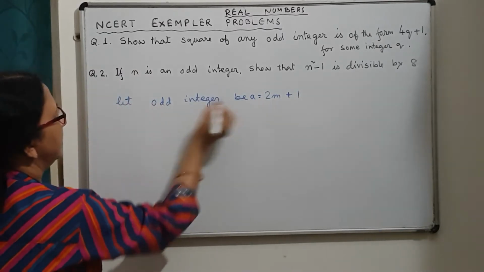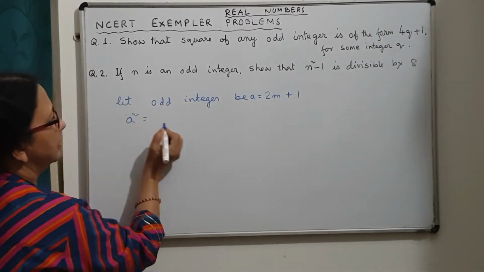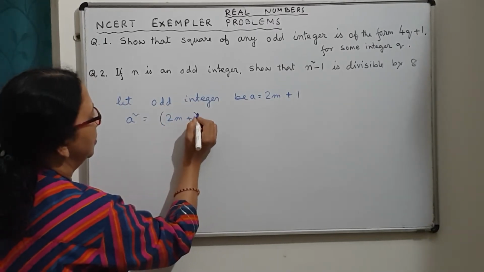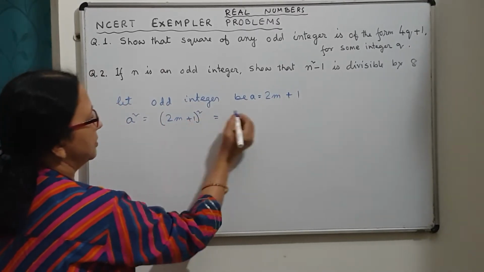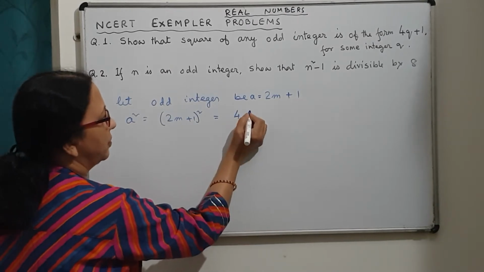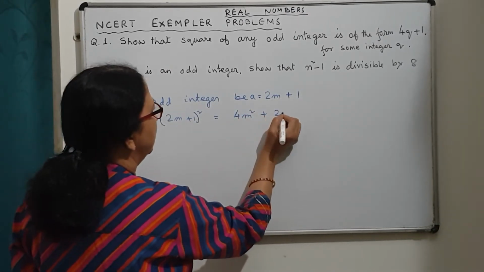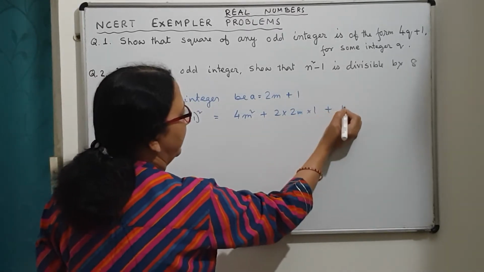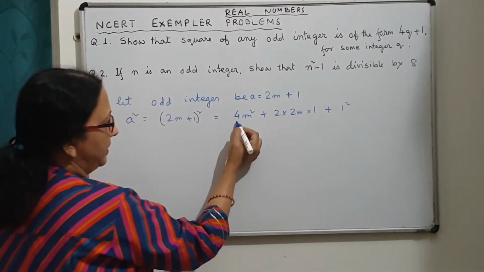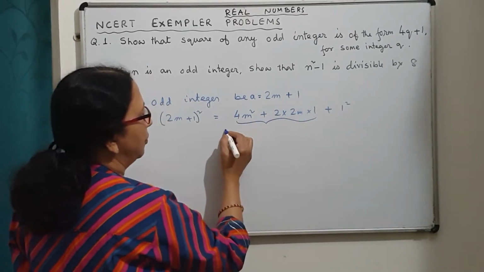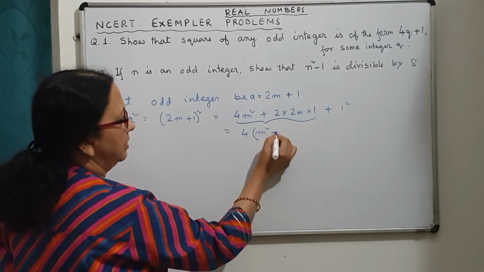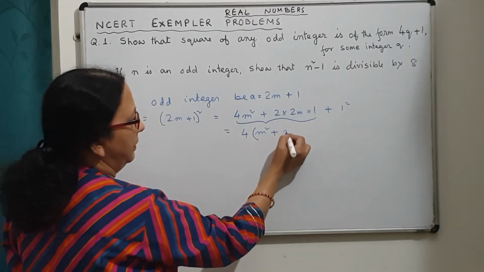So the square of the integer will be a square, that is, (2m plus 1) whole square. It's a simple one, (a plus b) whole square: 4m square plus 2ab, 2 into 2m into 1, plus b square. So obviously from these two terms I can take 4 common: 4(m square plus m).